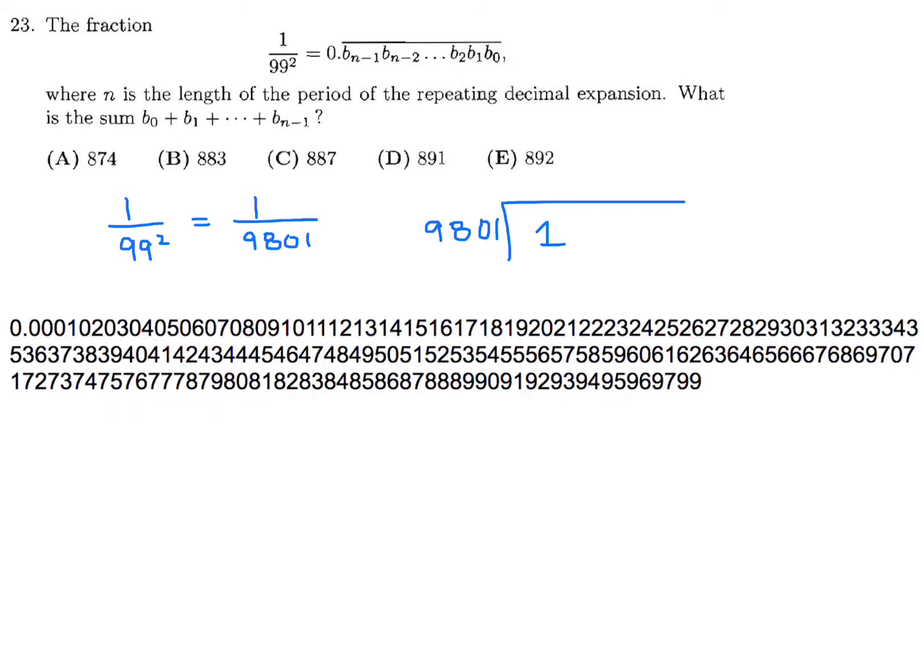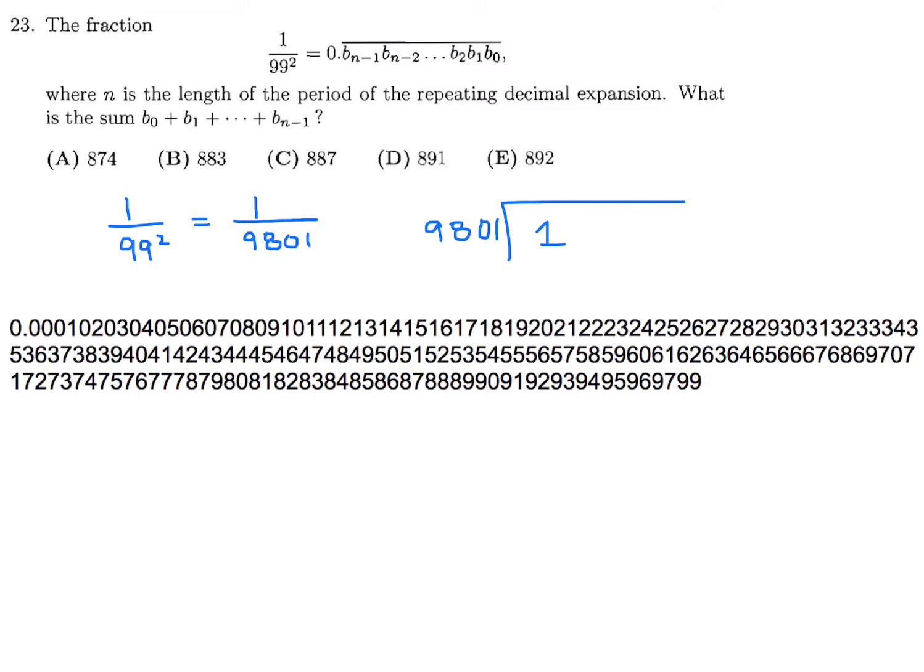Okay, well, let's look at what it actually is. It looks like it's 1, 2, 3, 4, 5, 6, 7, 8, 9, 10, 11, 12, 13, 14, 15, 16, 17, and so on. And it looks like it covers every single number until you get to the very end, and you notice there's no 98. So, very challenging question that somebody would have to actually do all of this, because you can't just stop.